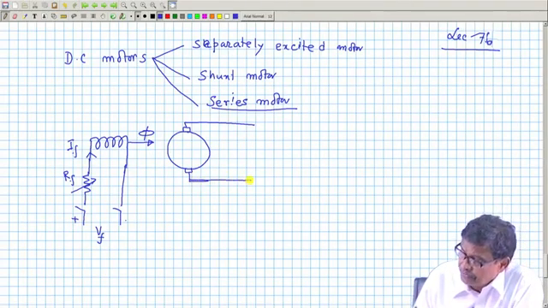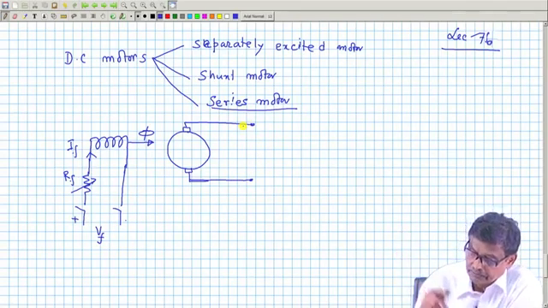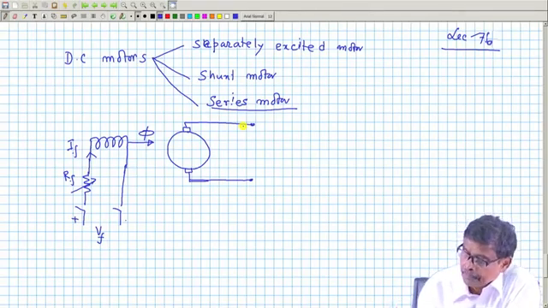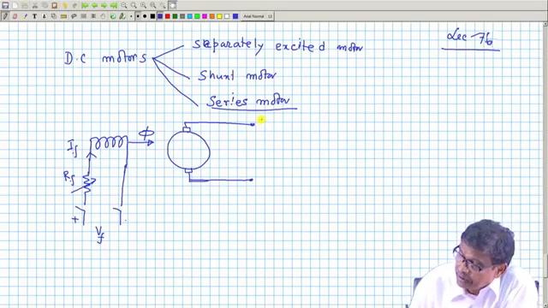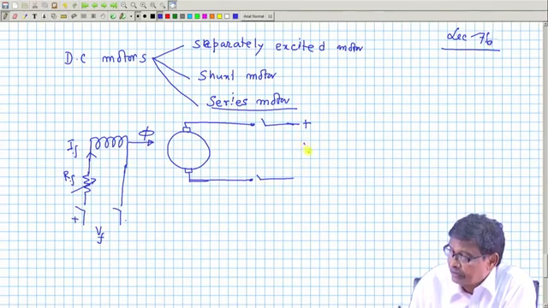Now, if you simply energize this machine with field excitation, nothing is going to happen, because there is no prime mover in case of a motor; a mechanical load may be present. So you have to apply a supply voltage, which I will call the armature supply voltage, which is also DC.